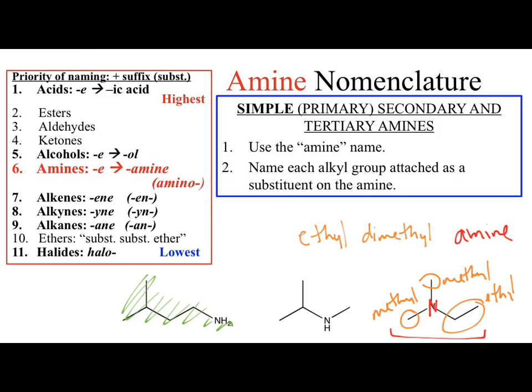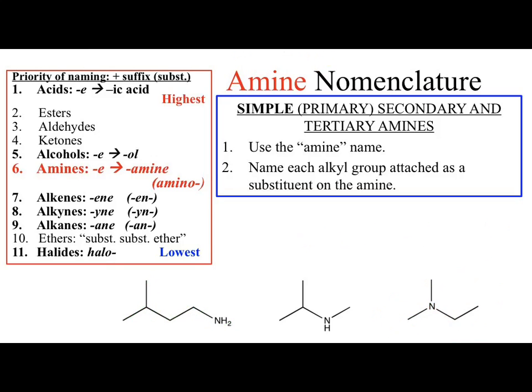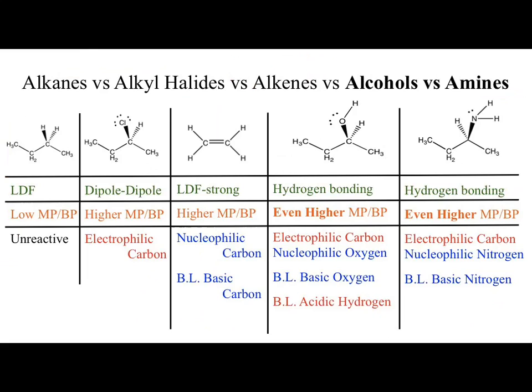Amine nomenclature for sure is in chapter 10, so there are practice problems within chapter 10 for the amine nomenclature. So now we can continue on to the fun stuff.